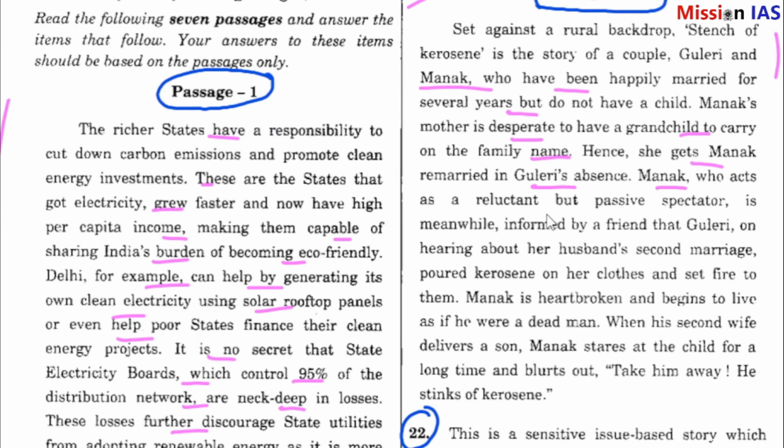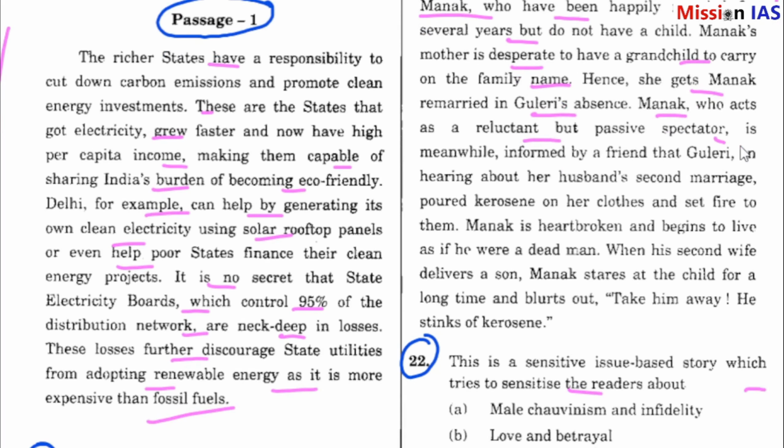Manak, who acts as a reluctant but passive spectator, is meanwhile informed by a friend that Gulari, on hearing about her husband's second marriage, poured kerosene on her clothes and set fire to them.